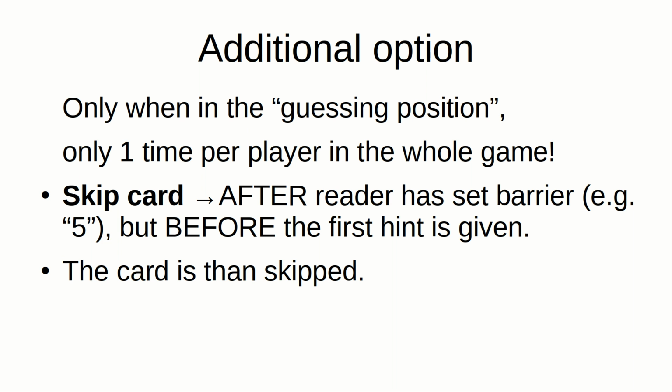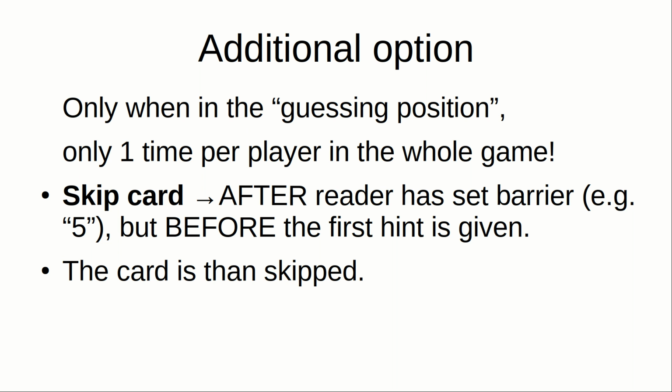For example, the blue player says the barrier is 13. Okay, 13 indicates that this card might be quite hard, because he's betting that you, the red or yellow player, are not getting the right solution before hint 12 or after hint 12. He bets that you will not get the solution right.